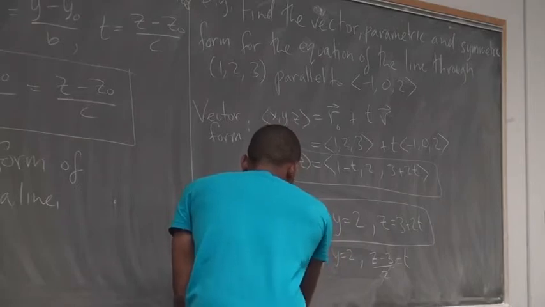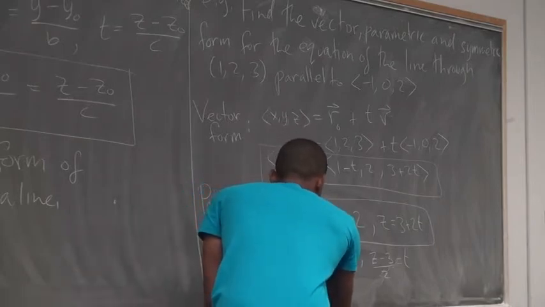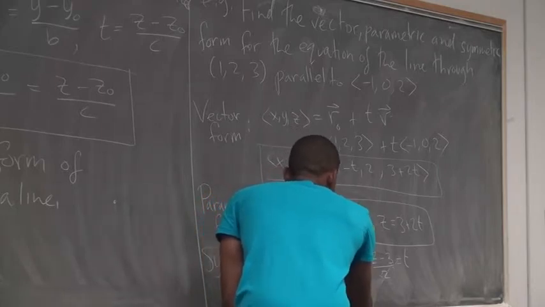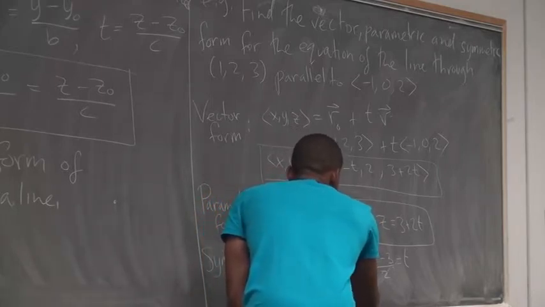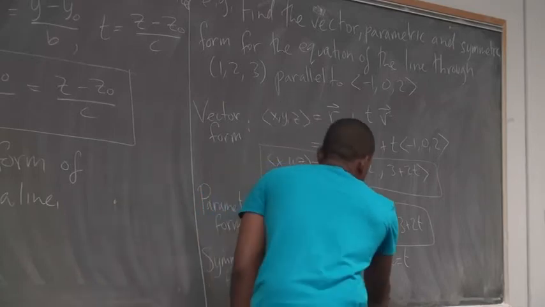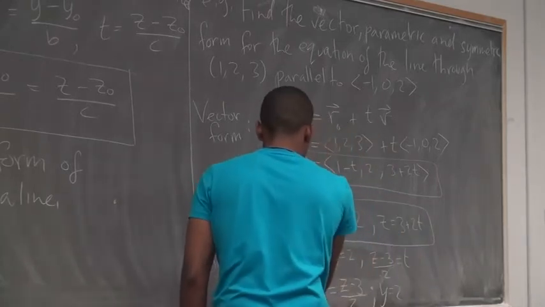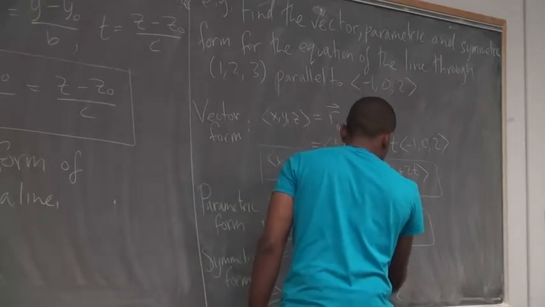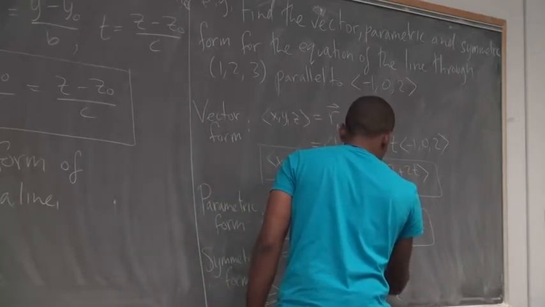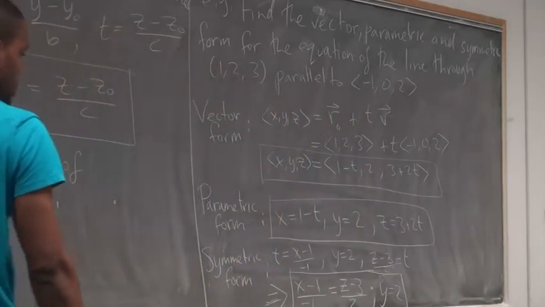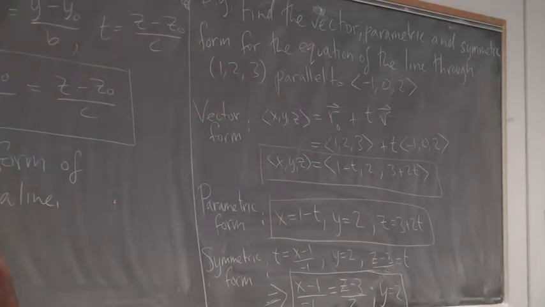So this gives us the symmetric form. X minus 1 over negative 1 is equal to z minus 3 all over 2, semicolon, y equals 2. And that's the symmetric form for that line.